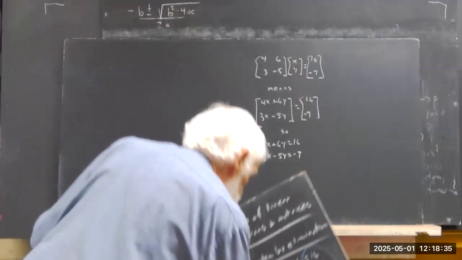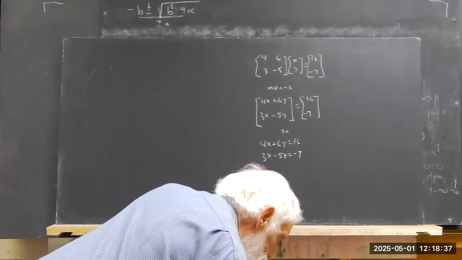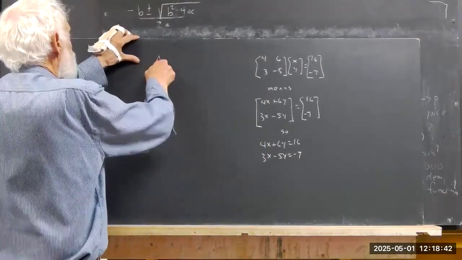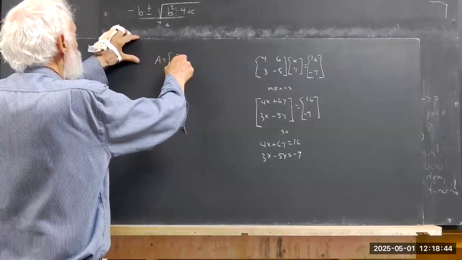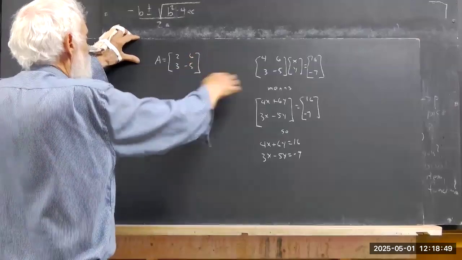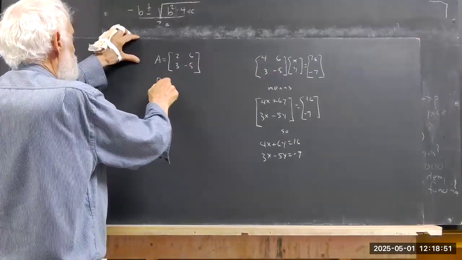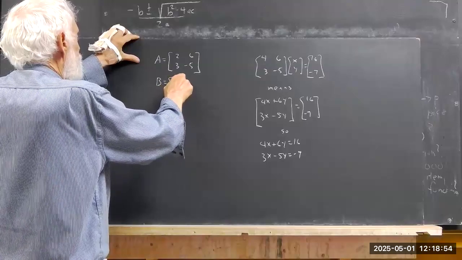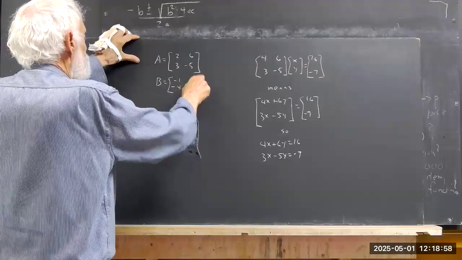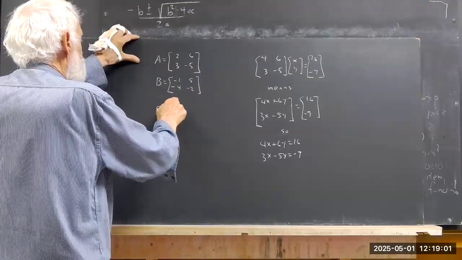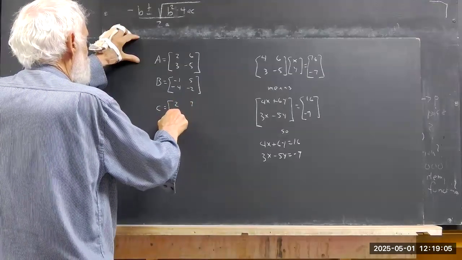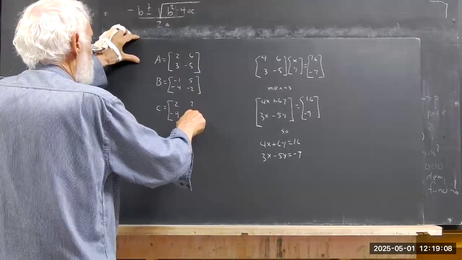Another kind of problem you might see is, I'll just use that matrix A since it's there, but then I have B equals [-1, 5; -4, -2], and C equals [2, 7; -9, 4].